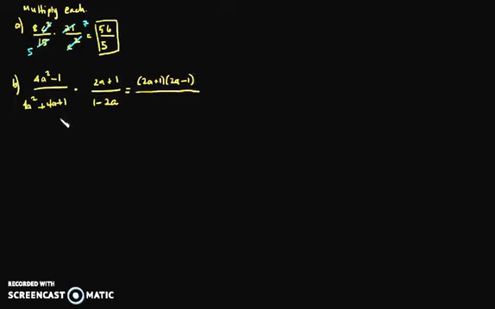Also the denominator can be factored. What is the factor of 4a squared plus 4a plus 1? So I'm looking for factors of 4 and 1 that give me the sum of 4a. So that is 2 and 2.